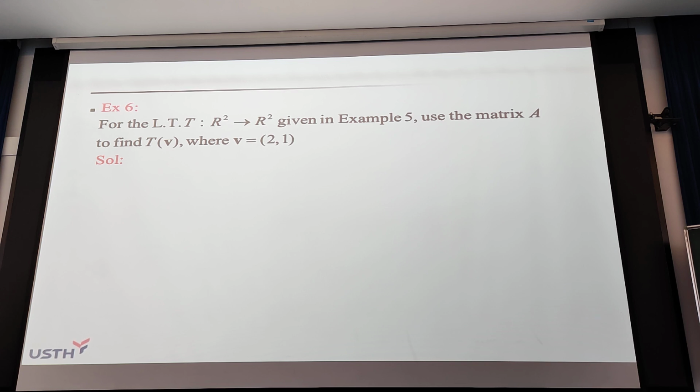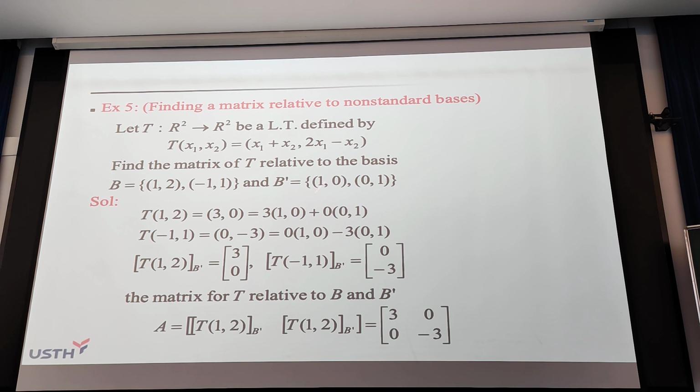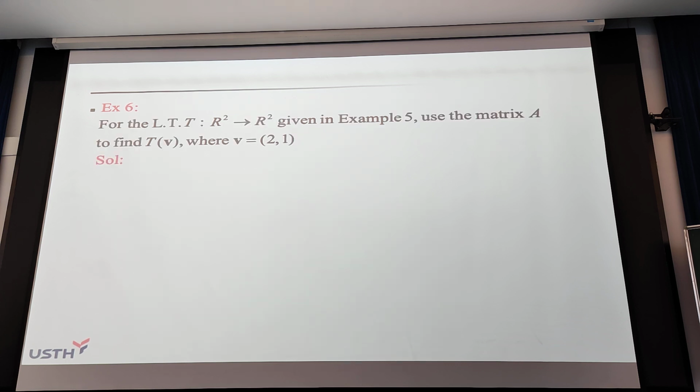We consider the next one. Suppose that we continue with the example in the previous slide. That is, we continue with the mapping here with the matrix we calculated already. And you are required to find T of V. And V here is the vector 2, 1. You need to find T of V using the matrix A we found in the previous slide.